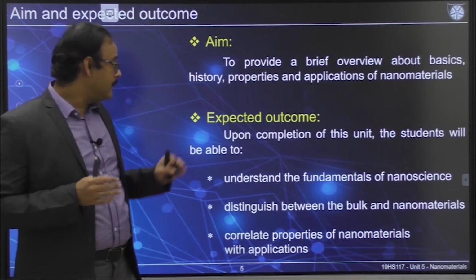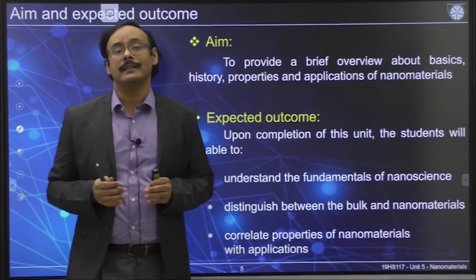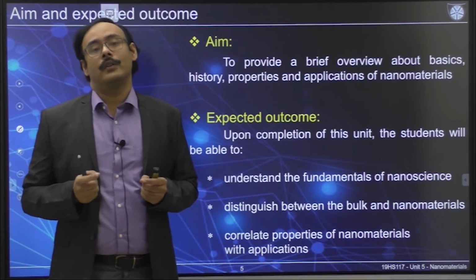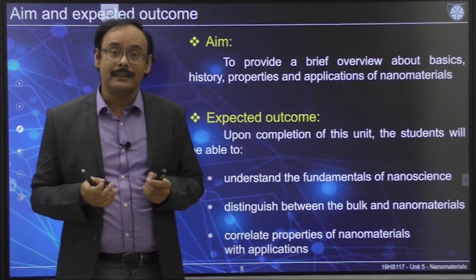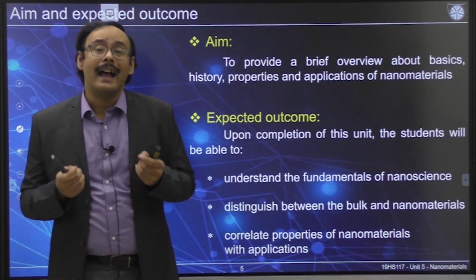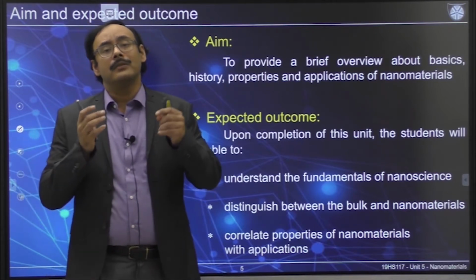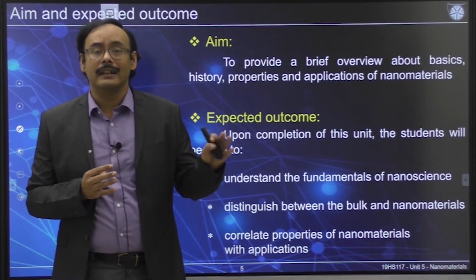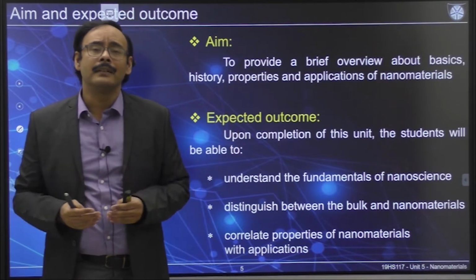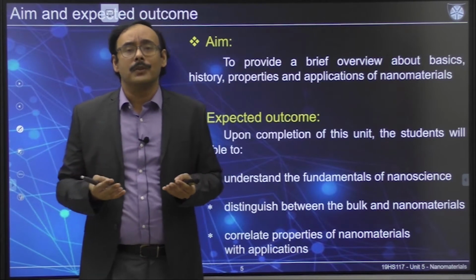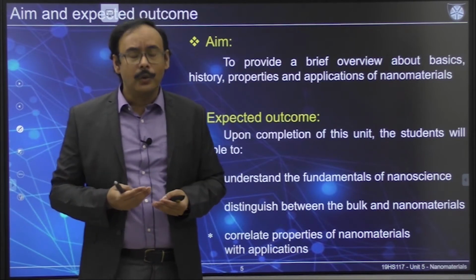Then, distinguish between bulk and nanomaterials. This is very, very important, because when you say nanomaterials, maybe you will have some idea about what the particular material is, but why is it different from the bulk? For example, gold: you know the color of gold is yellowish, or what we now call golden.